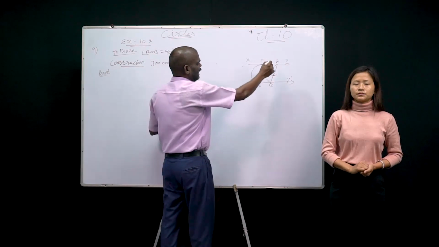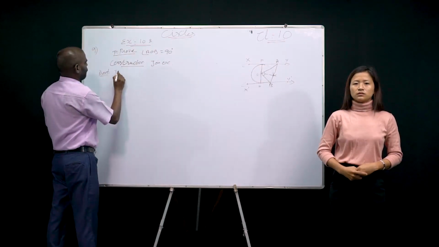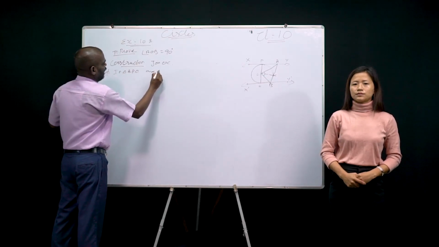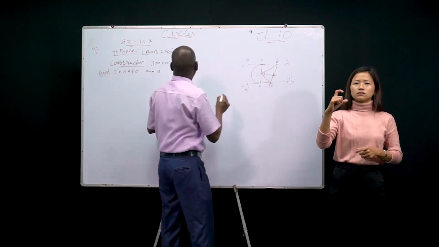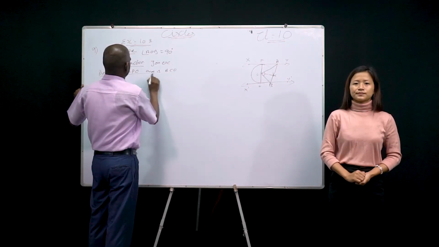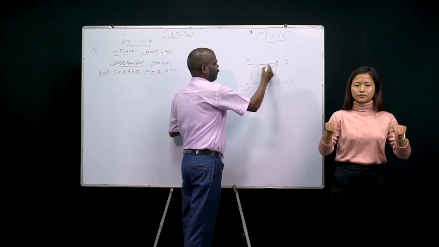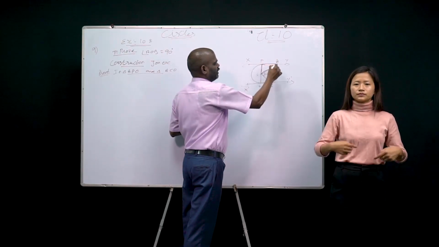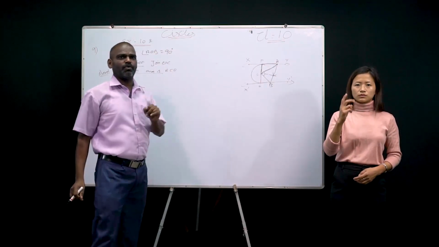Listen. Triangle APO and triangle ACO, there are two triangles. Look at the board. These two triangles we are going to prove congruent.